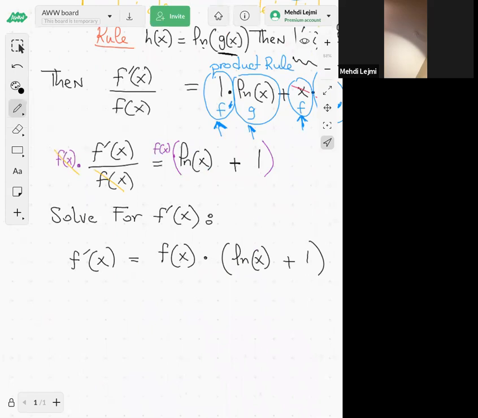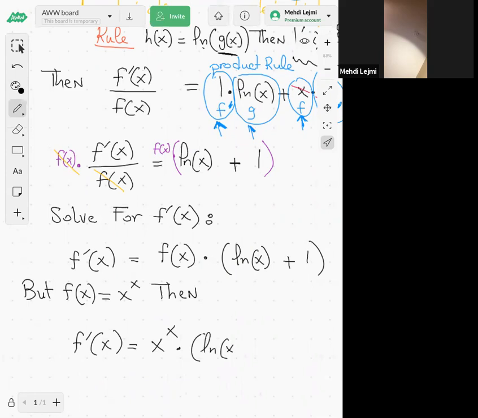So then the derivative f prime of x would be x to the power x times natural log of x plus 1. And that's the final answer.